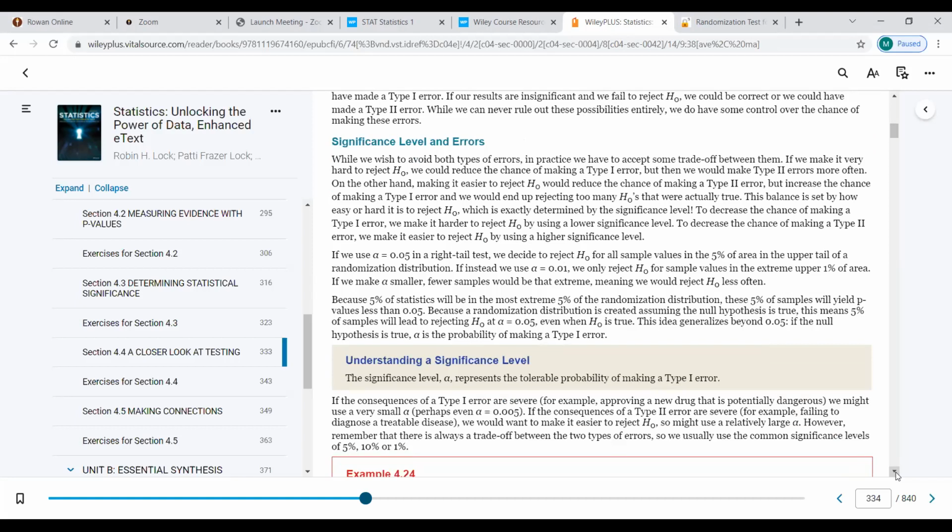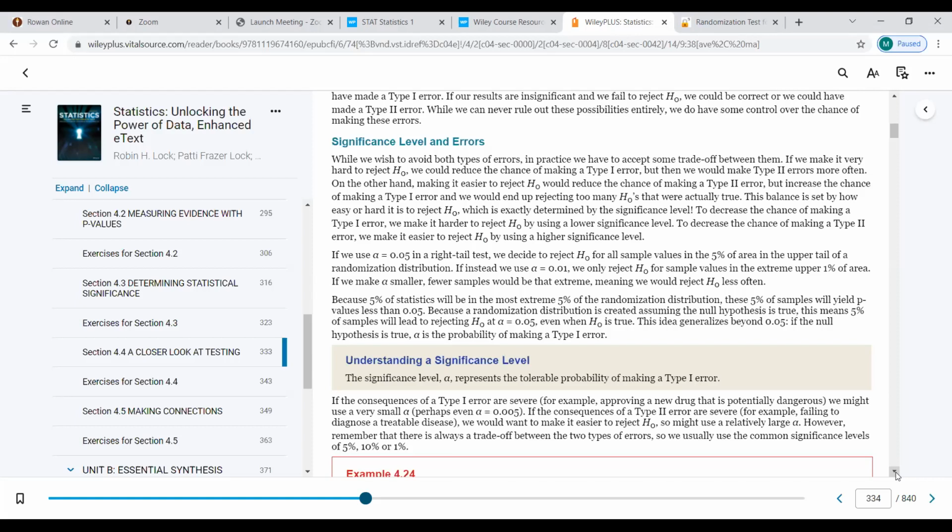The important thing to know, and you might want to write this down, is if you do your hypothesis test and conclude that you're going to reject the null hypothesis, then the only type of error that you could have possibly made is a type 1 error, because the type 1 error says reject the null when the null hypothesis is actually true. So the only type of error you could make when you reject the null hypothesis is a type 1 error.